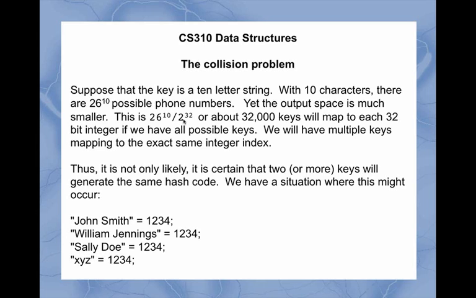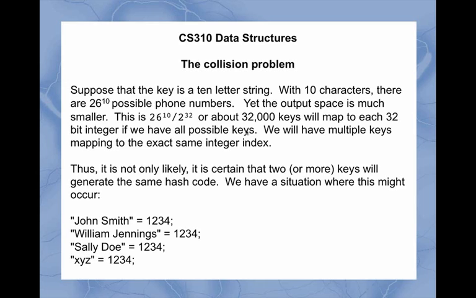So we have a very large number of values that are transformed into a very small set of values, relatively speaking. In other words, given this example, there would be about 32,000 keys for each 32-bit integer if we take all possible keys. So it should be obvious then that we're going to have multiple keys mapping to exactly the same integer index.